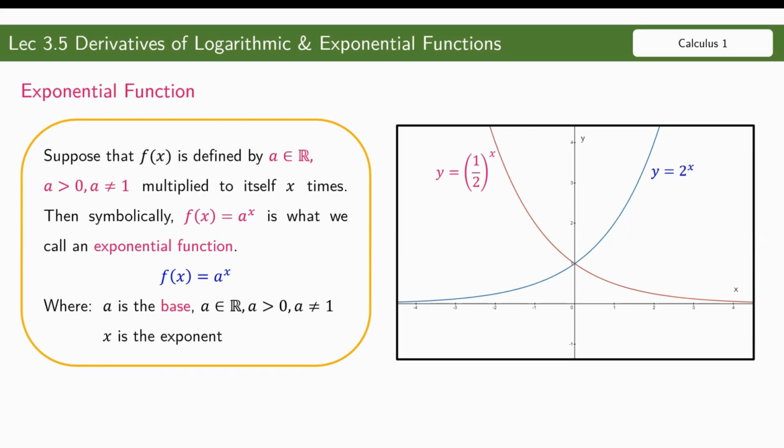This is what we call the exponential function, where a is the base, a positive real number not equal to 1, and x is the exponent. On the right, you will see the graph of y equals the quantity 1/2 raised to x, and in blue, y equals 2 raised to x. They are mirror images of each other with respect to the y-axis.